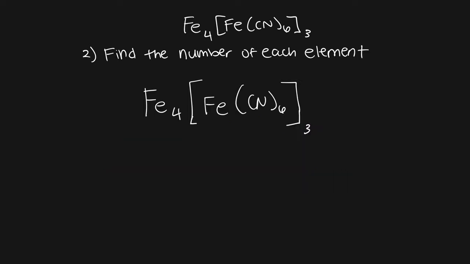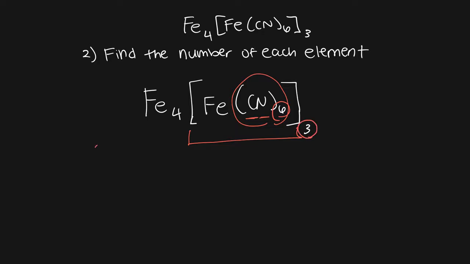Now let's find the number of carbon atoms and the number of nitrogen atoms in the compound. So this part can get a little confusing because carbon is part of the CN6 group, but it's also part of the FeCN6 group. So we have to take into account the subscript next to the parentheses in CN and the subscript next to the brackets.